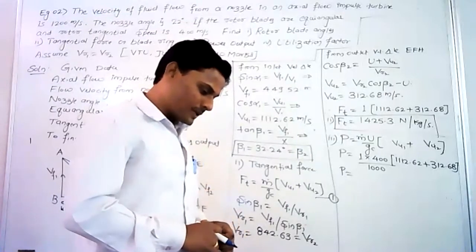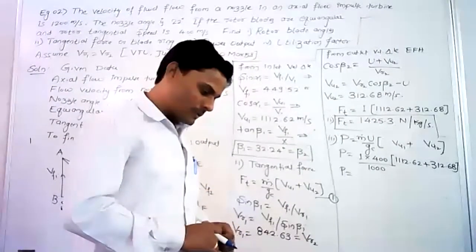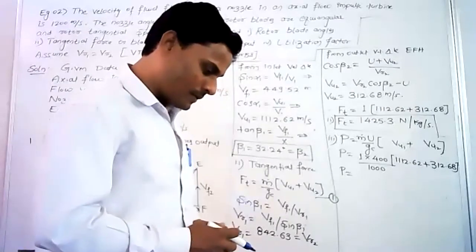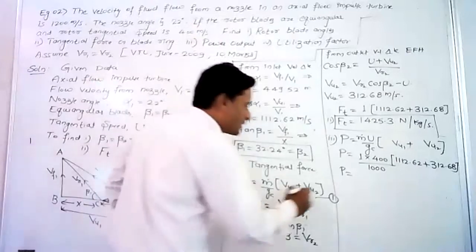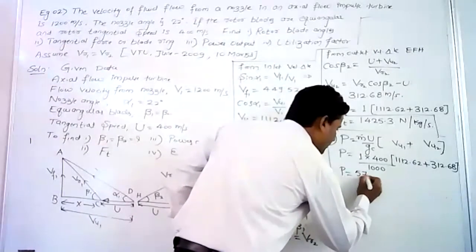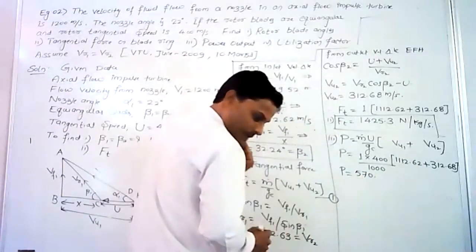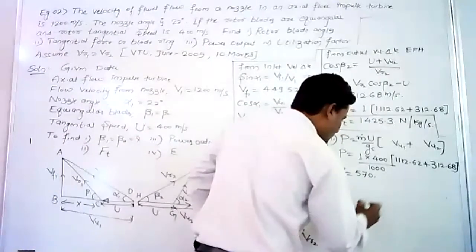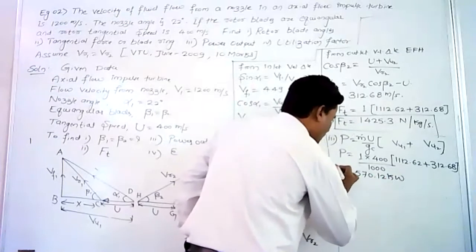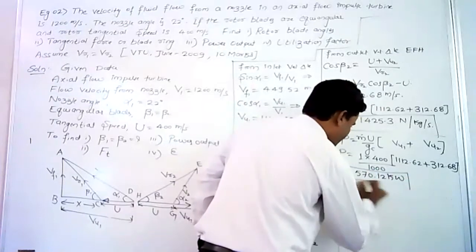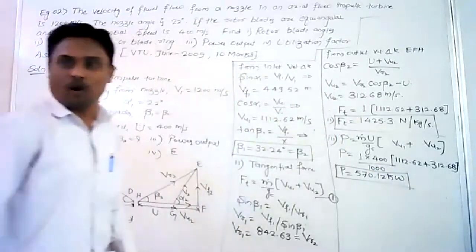Check your value. This will be 1. What is the value? 570.12, sir. 570 is the right answer. 570.12 kilowatts. This is the answer for power output P.